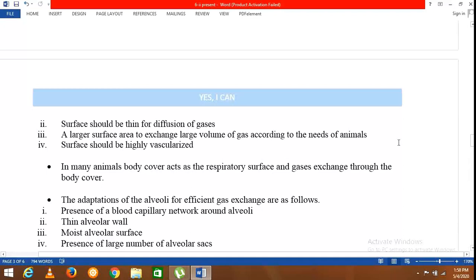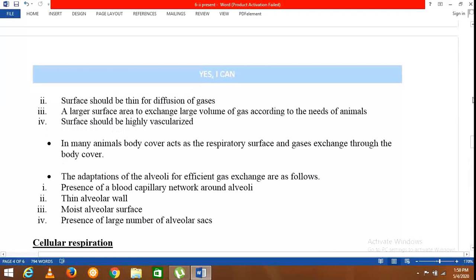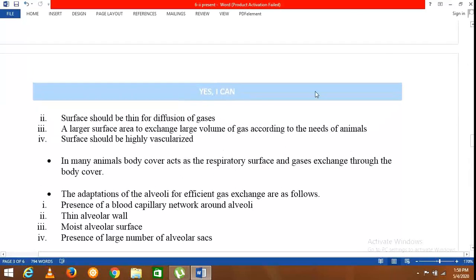More active animals need more oxygen to generate more energy. Then the surface should be highly vascularized, so there are so many blood capillaries. In many animals, body cover acts as the respiratory surface and gases exchange through the body cover.